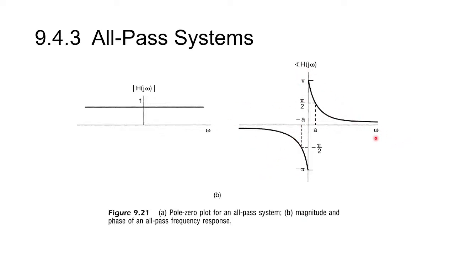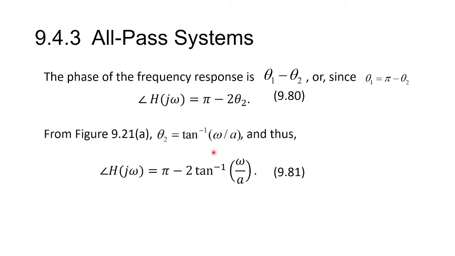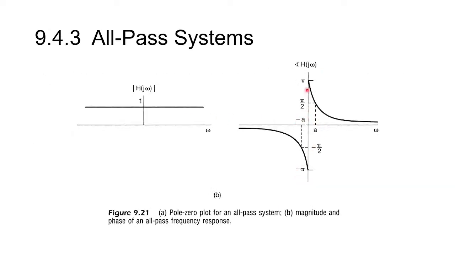And you can see the magnitude of the system function, as we said, is a constant 1 for all omega, and the angle has this decay. One thing to say is this discontinuity here is fake. It's just because of how we choose the arctangent.